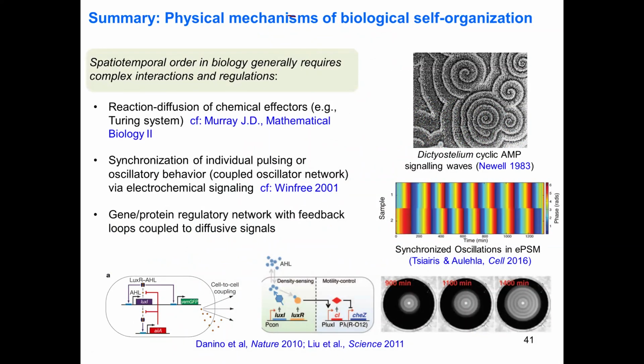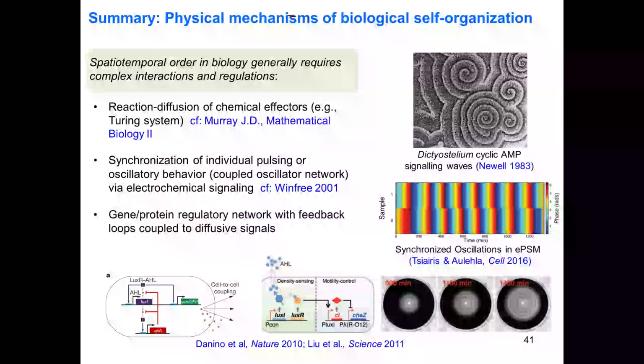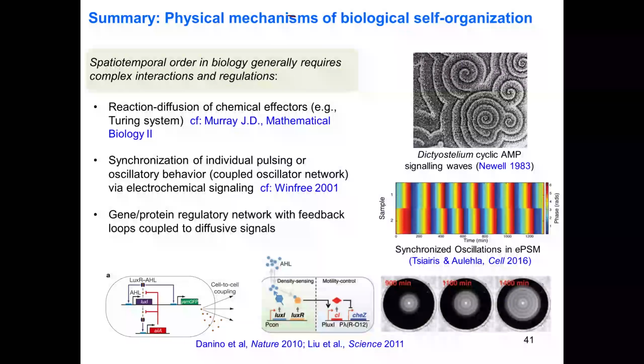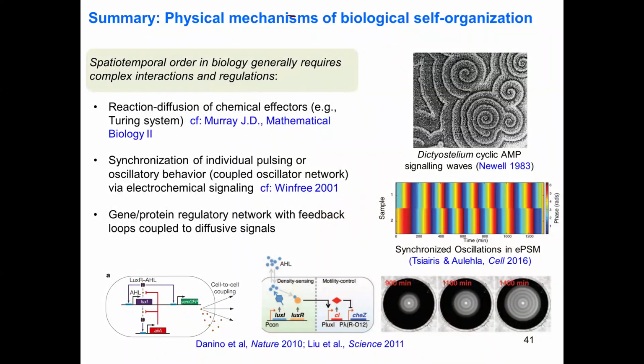All right, to summarize here, we have introduced several physical mechanisms that can lead to spatial and temporal order in bacterial-based living matter. In particular, we mentioned mechanisms that can lead to very large-scale order in bacterial-based systems.